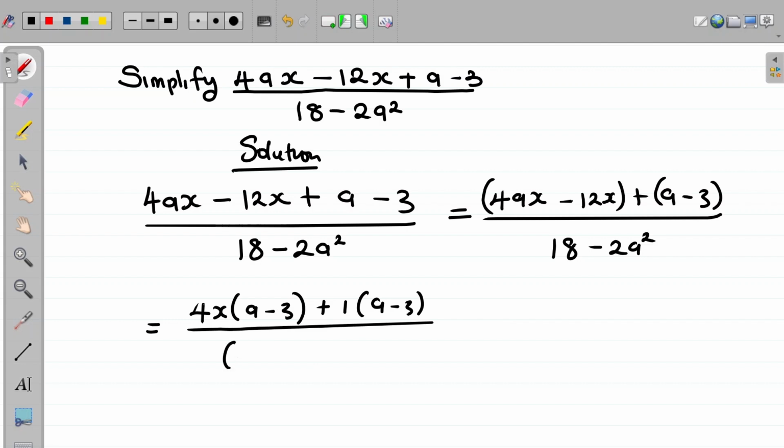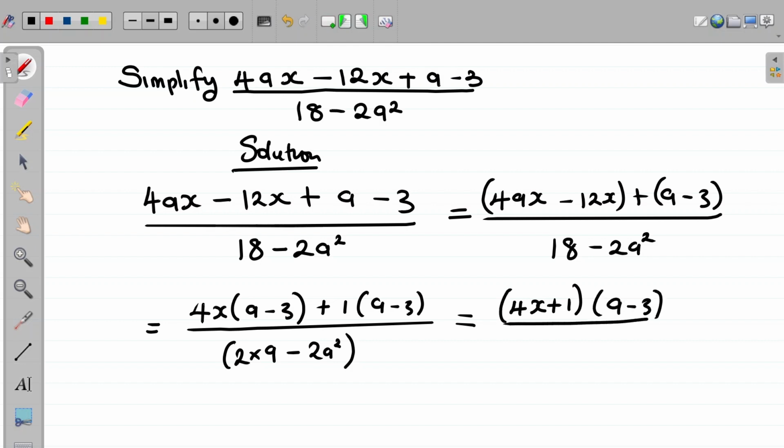So we have 2 times 9 minus a squared. So our numerator reduces to 4x plus 1 multiplied by a minus 3, divided by, in our denominator, we can factor out 2. So we have 2 open bracket 9 minus a squared.